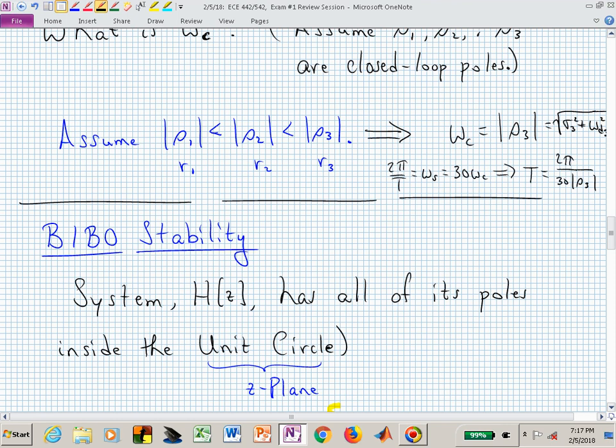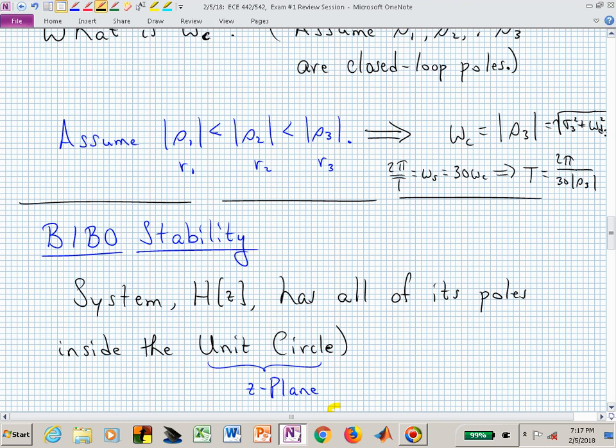In this class, we're concerned with bounded input, bounded output stability. That means if I put in a bounded input, I want to have a bounded output or the system is not considered stable. And that means that I need all of my poles in the complex z-plane of that system to have their magnitude strictly less than 1.